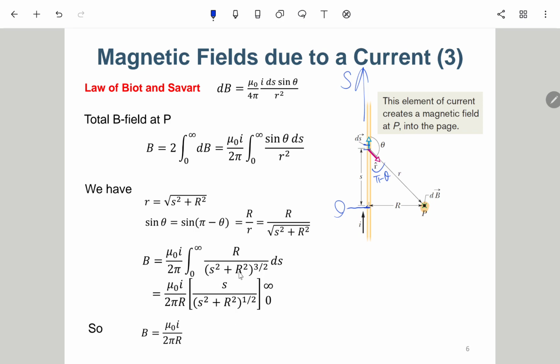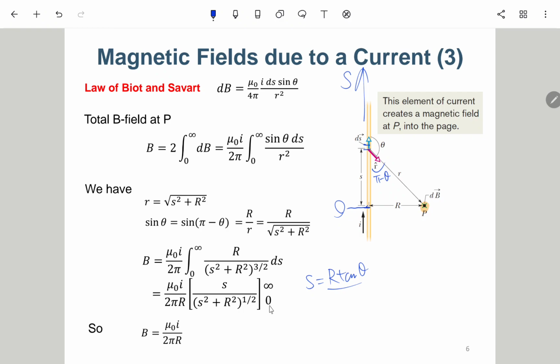This integration is somehow a little bit complicated. You need to assume that S is R times tangent of theta, something like that, and then you do some change of variable, u substitution. Finally you can get this integration to be this one, and then you evaluate it from 0 to infinity.